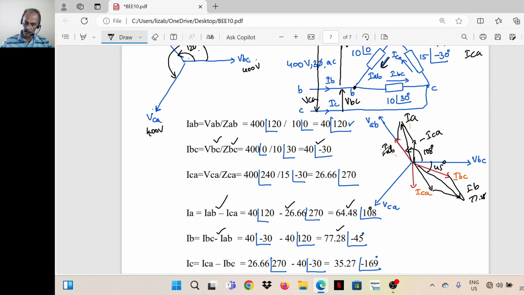That is IBC projected back, and ICA. This is the resultant, that is 35.27 at an angle of minus 169. So this angle is 169 degrees. Magnitude is 35.27. That is the phasor diagram.